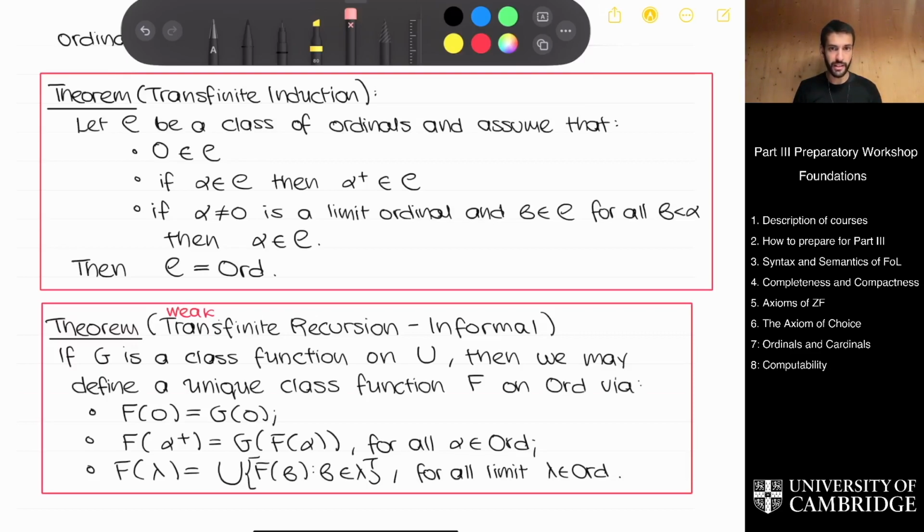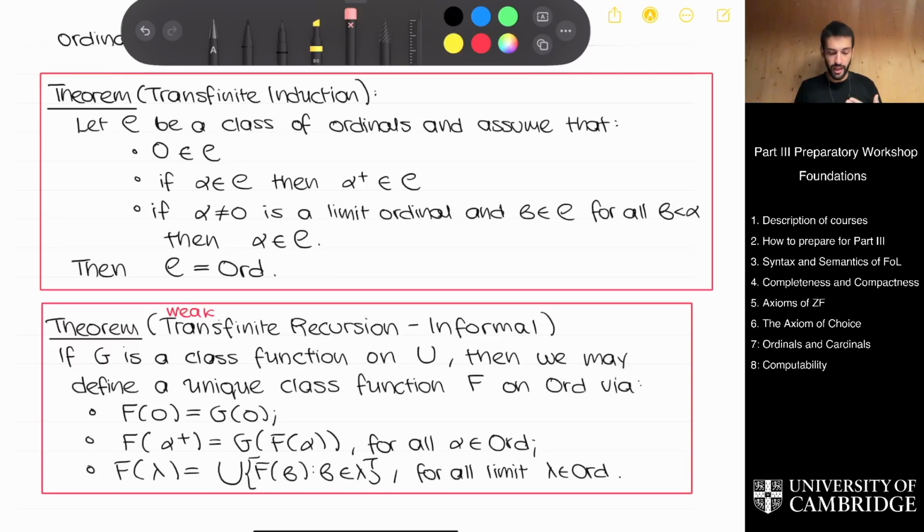Assuming that I have a class satisfying this property, then it must be that the class is the class of all ordinals. Okay. So this is a very important theorem, especially for proofs of properties of things that have been defined by recursion.